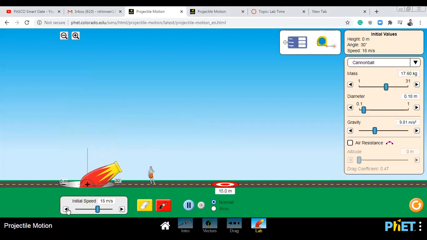What was our speed? Speed was 10 meters per second.